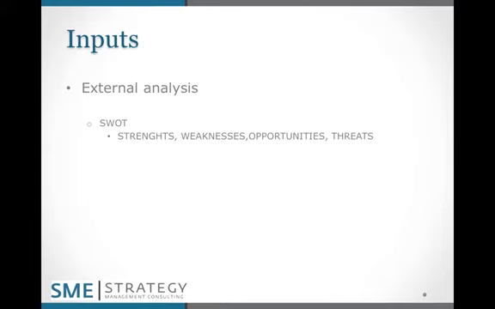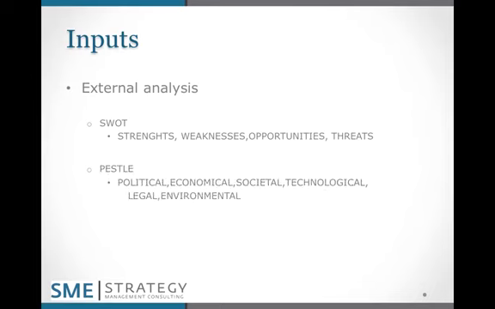It's very, very simple and basic, but very valuable. Evaluating the strengths, the weaknesses, the opportunities, and threats that are happening in your organization. So strengths and weaknesses are internal, and opportunities and threats are external. And some of the threats can actually be internal as well. And so we'll cover that in a separate video.